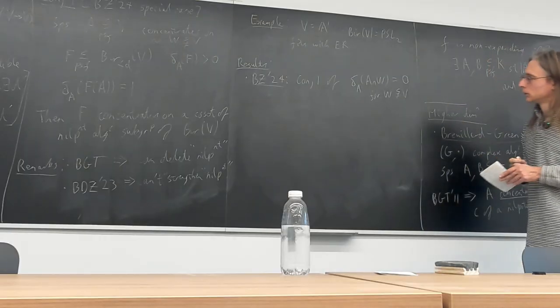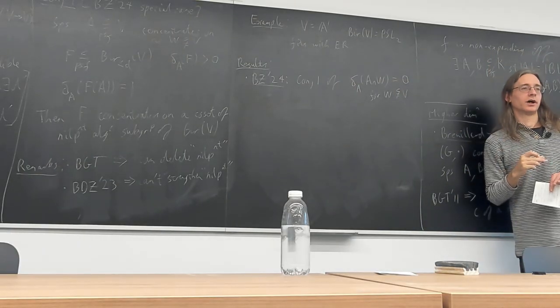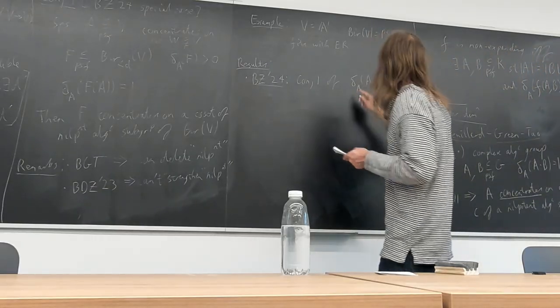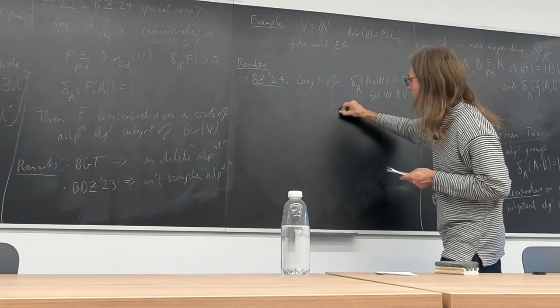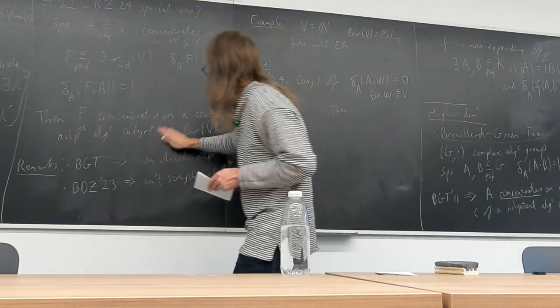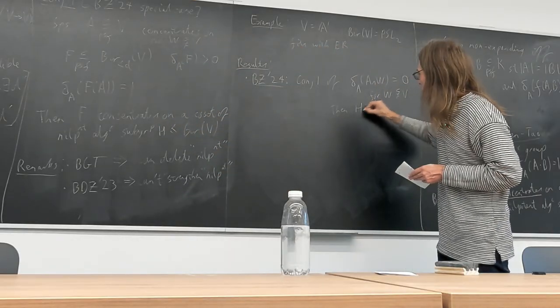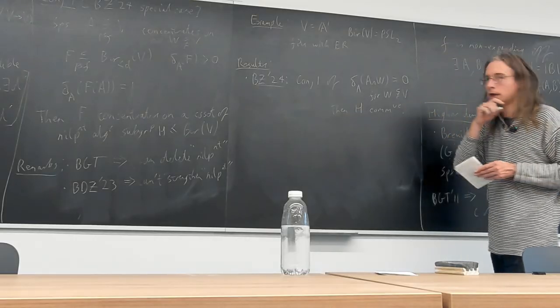So A barely concentrates on proper subvarieties. And moreover, in this case, again, we get just abelian groups. I didn't name the subgroup, let me name it H, and H is commutative in this case again.